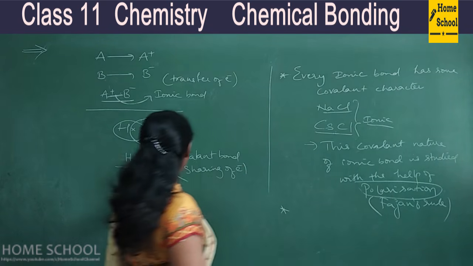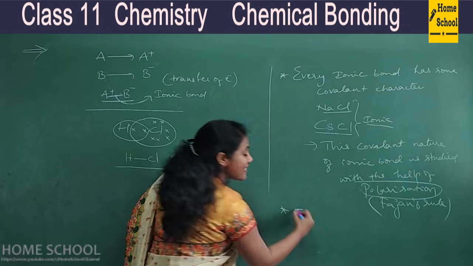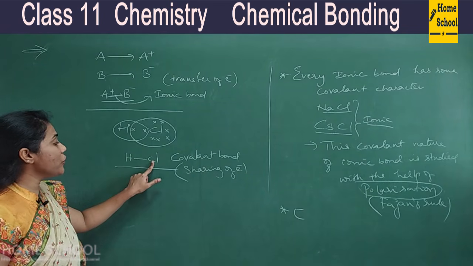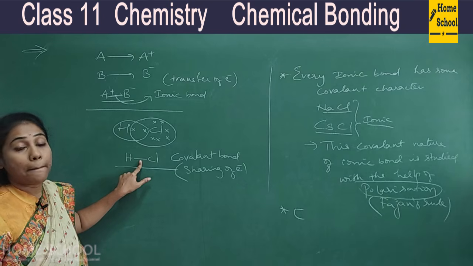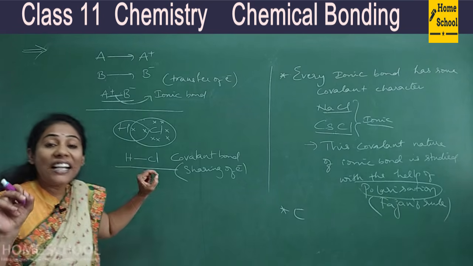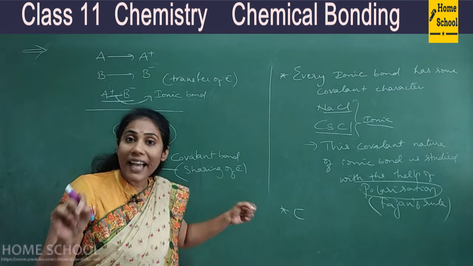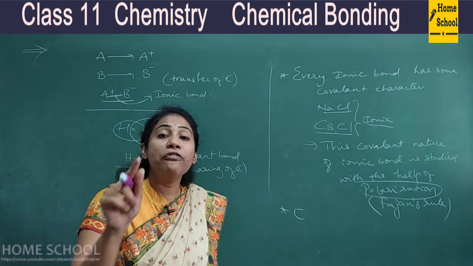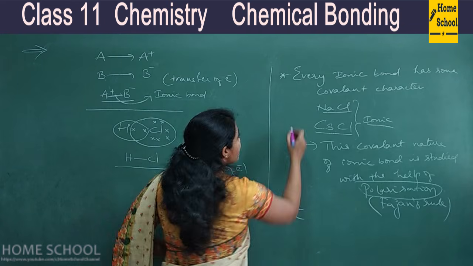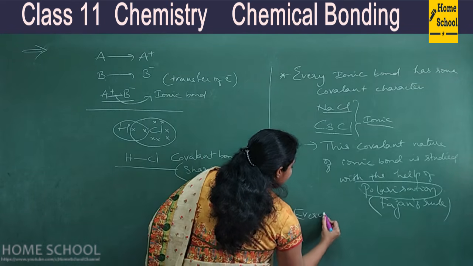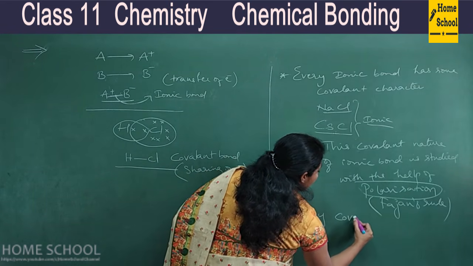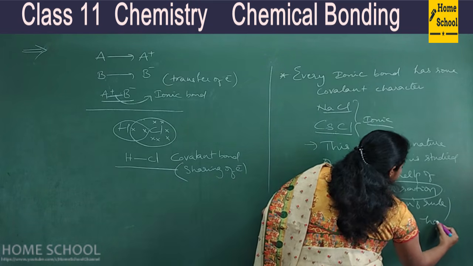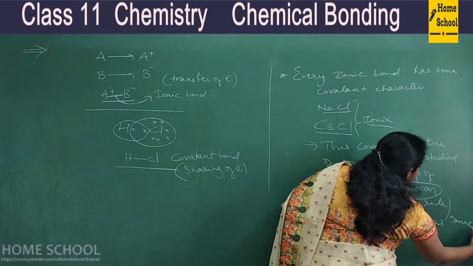Similarly, every covalent compound has some ionic nature. Say the bond between hydrogen and chlorine is a covalent bond, but some amount of ionic character is there. That is studied by the concept of dipole moment. So what I can write here is every covalent bond has ionic character.